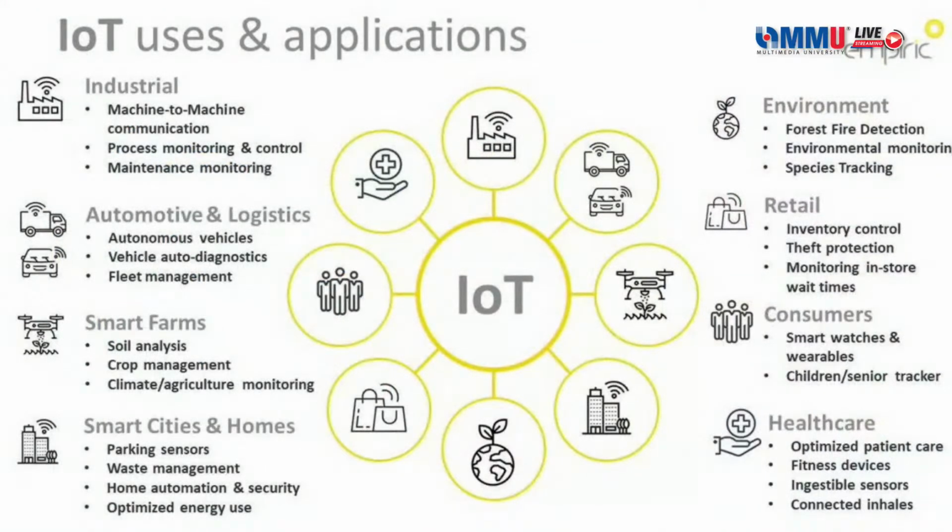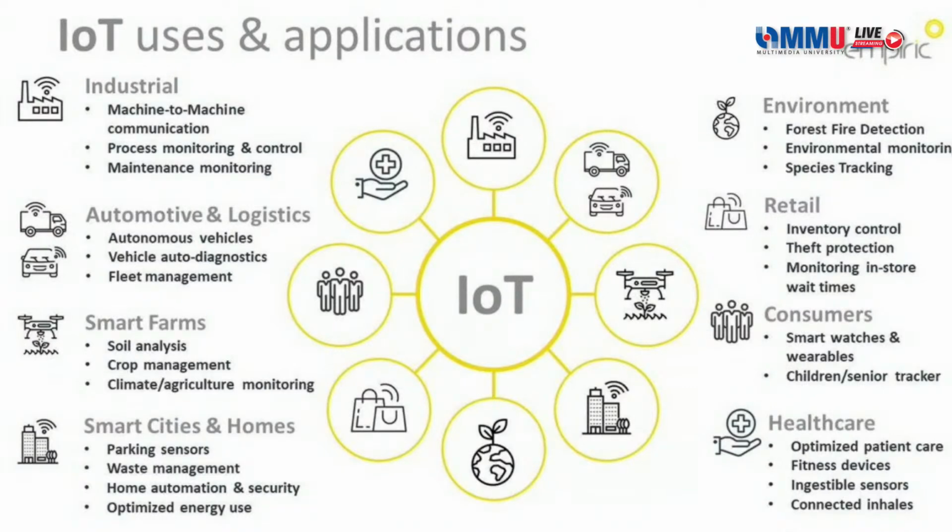These are the types of IoT uses and applications available, living around us. We can find these types of IoT applications around us every day in our daily life. There's the industrial sector, for example the smart factory, which contains robotics and automation systems that can produce items or equipment autonomously.